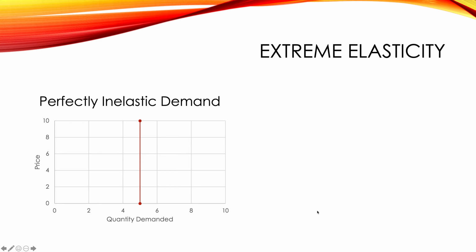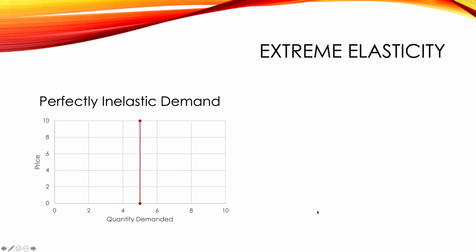When it was $4, quantity demanded is still 5. 6, 8, 10. No matter what the price is, the quantity demanded remains 5. So what we're trying to say is consumers are completely insensitive to the price of this product. They'll buy the same amount no matter what the price actually is. This is a perfectly inelastic demand.